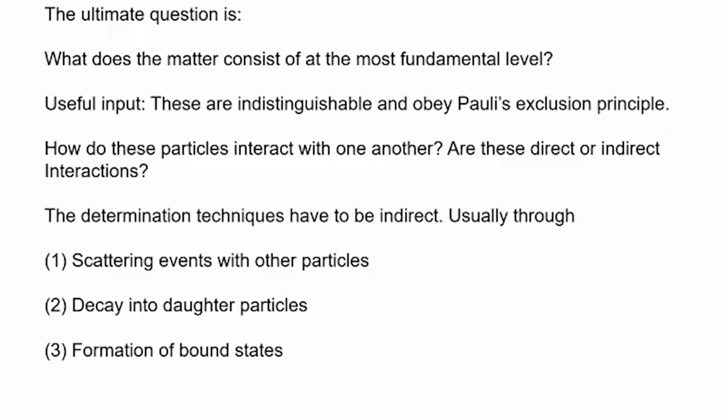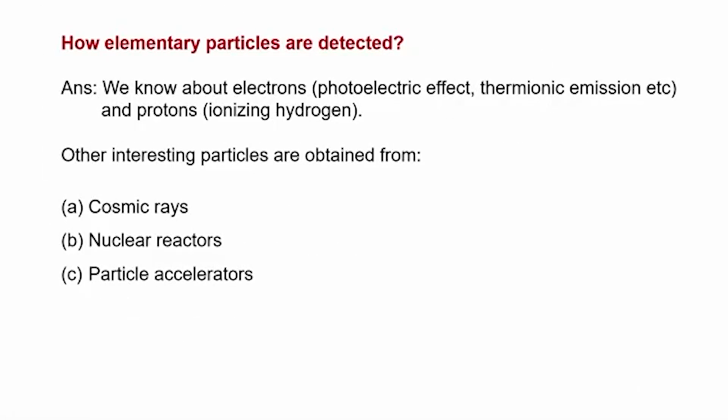As we shall see soon, these scattering events have to be done at very large energies, because large energies enable one to know the fundamental interaction that takes place between these particles. Also, we look at decay into various daughter particles or products, and the formation of bound states. These are the determination techniques one follows to learn more about these particles, their nature, their interaction, etc.